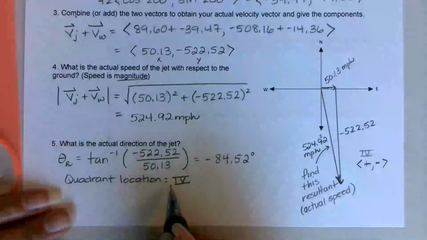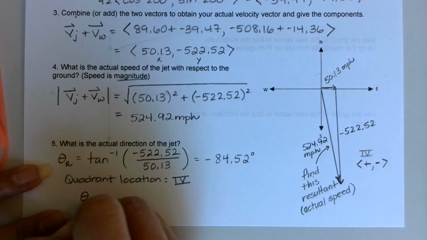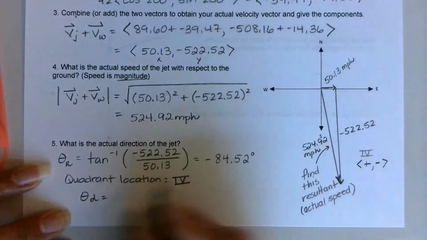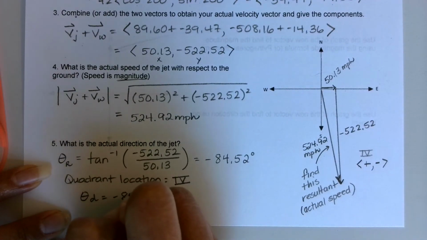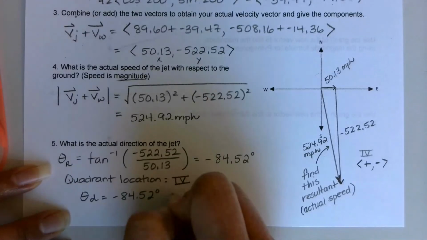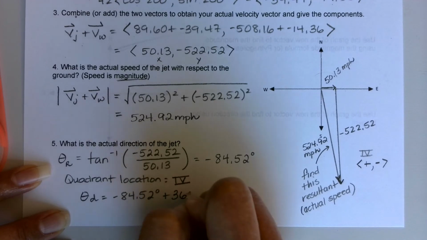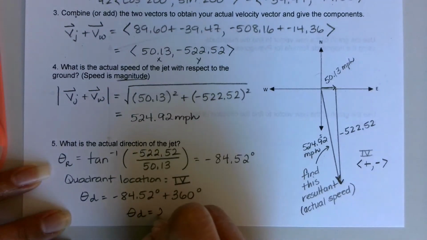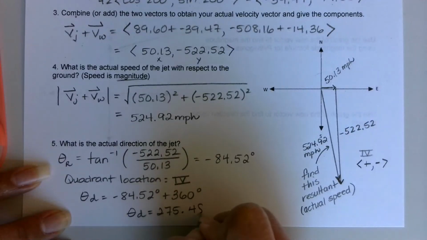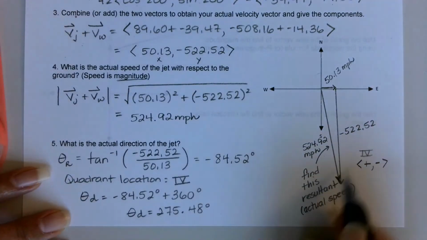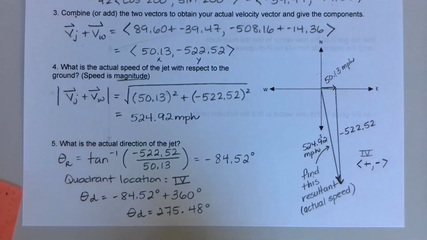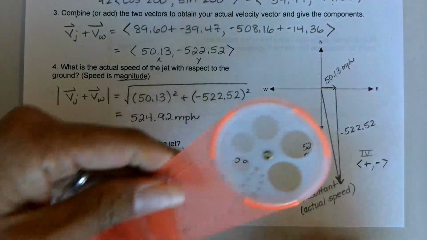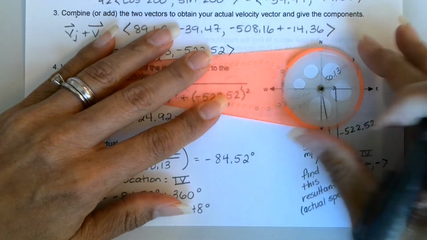When it's in quadrant 4, the direction angle says to take the reference angle and add 360 degrees to it. Therefore, our direction angle for this problem will be 275.48 degrees.